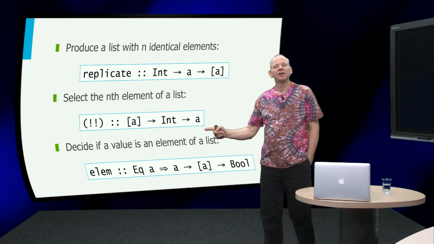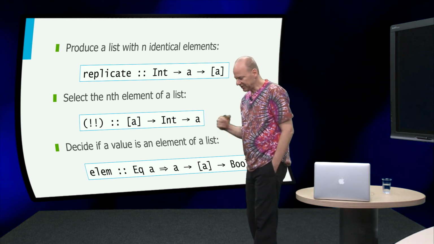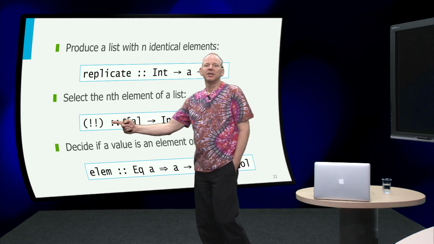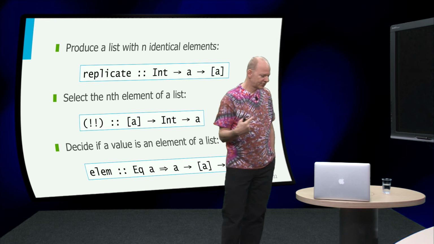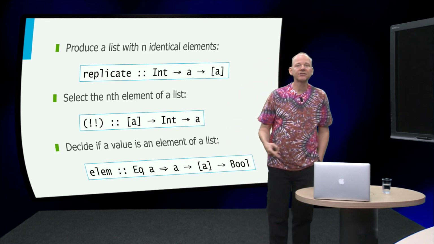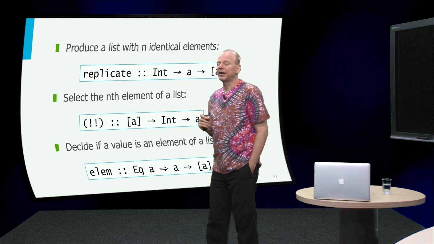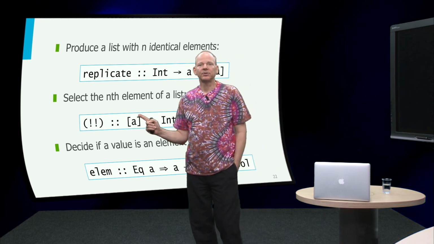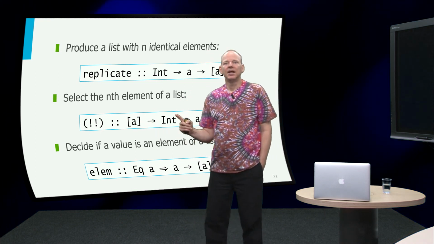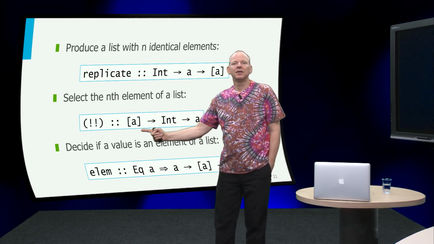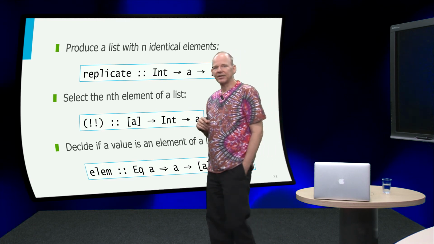Here is another friend of ours that we've seen in previous lectures, and there I warned you that in Haskell, lists don't have constant time access, and when we implement this function, that will be very clear. So what we have to do is take a list and a number, and then return the element in that list at that position.